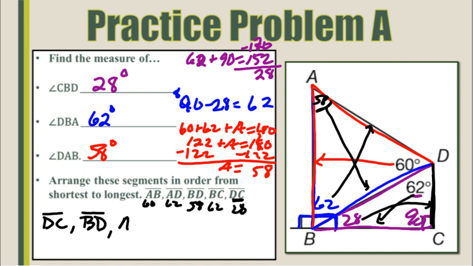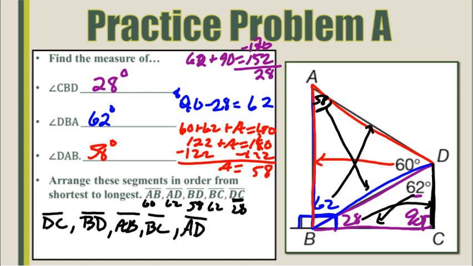Then comes AB. Then BC and AD are the longest.